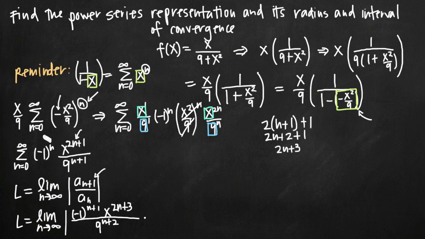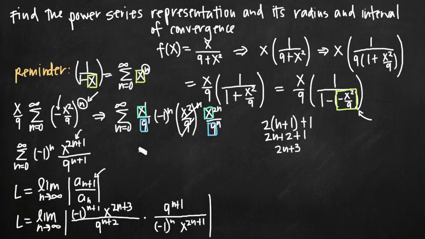We just flip this upside down. Our denominator, 9 to the n plus 1, becomes our numerator, and our numerator, negative 1 to the n times x to the 2n plus 1, becomes our denominator. This is the limit that we're going to be evaluating.